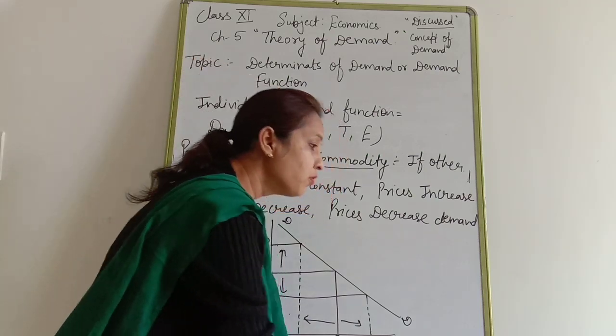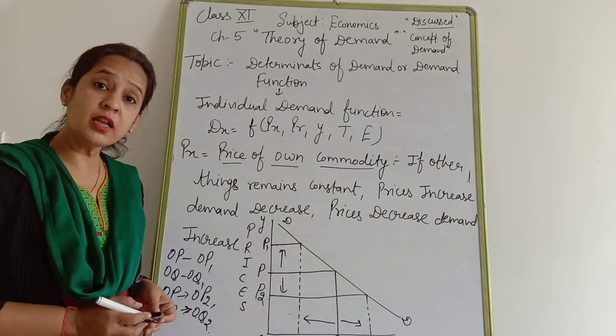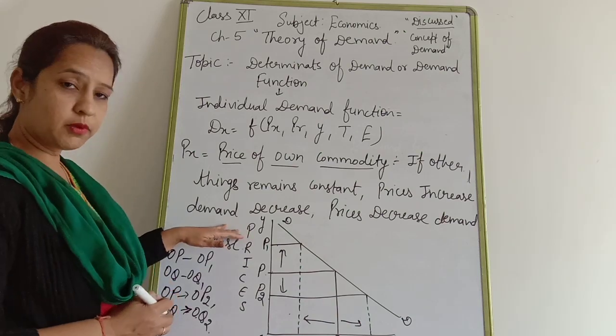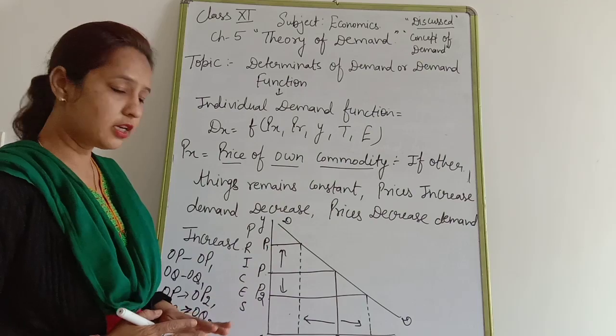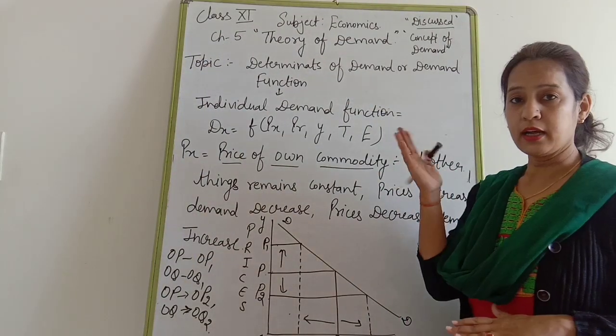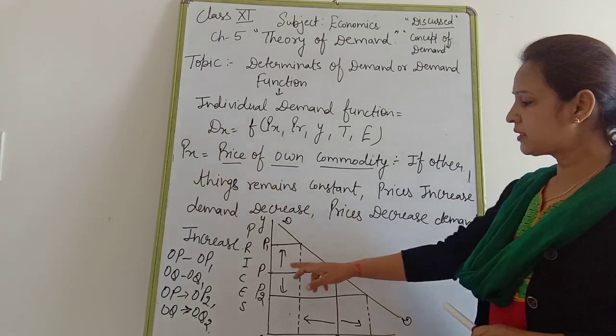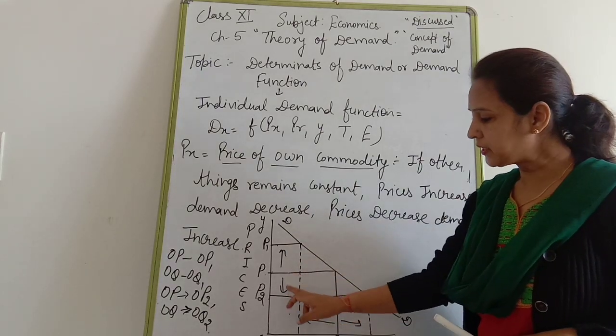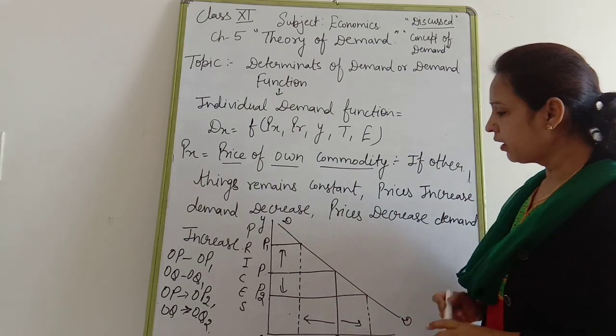There is an inverse relationship between price of own commodity and quantity demanded. Clear? Inverse relationship means if one increases, then the other will decrease. If price increases, definitely quantity will decrease. If price decreases, then quantity will increase.